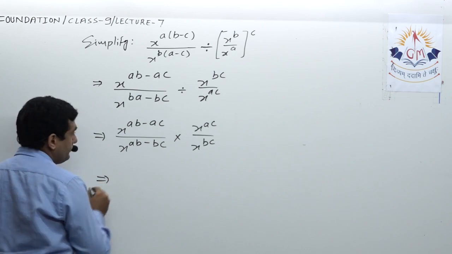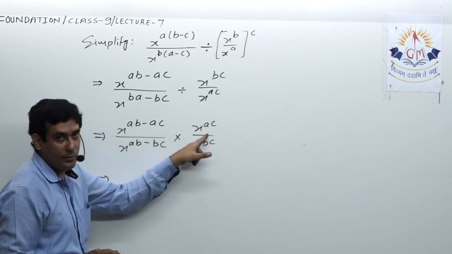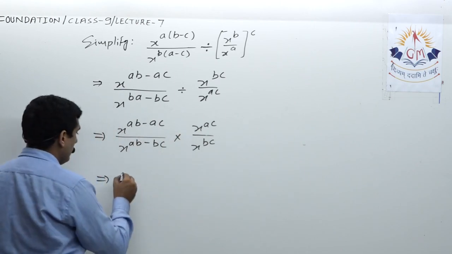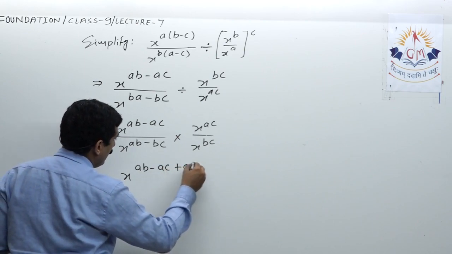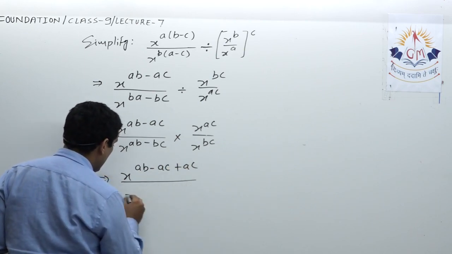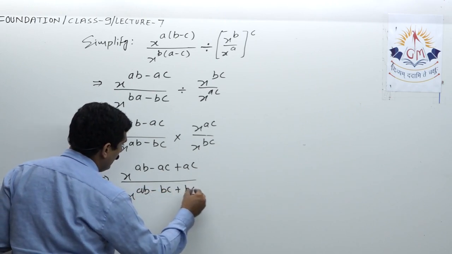Okay, now see, these two are in multiplication actually and the bases are same, so we can add the powers. So x raised to AB minus AC plus AC divided by x raised to AB minus BC plus BC.